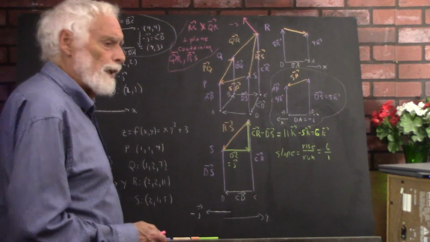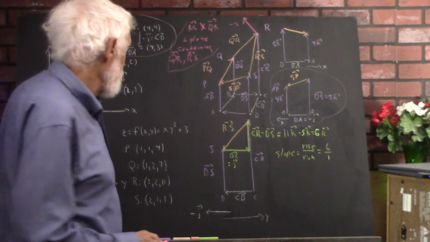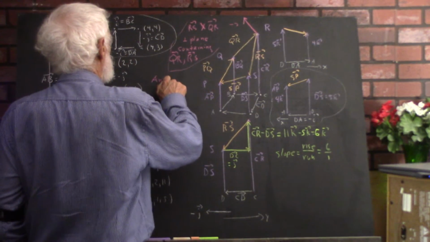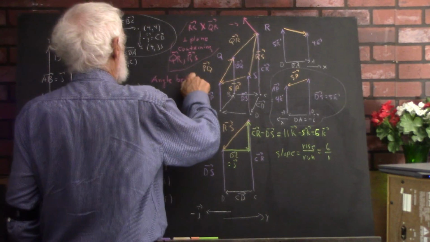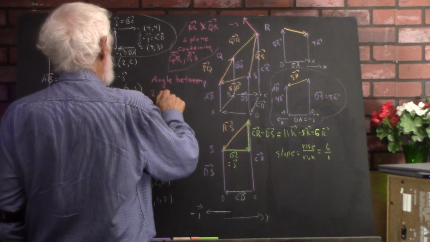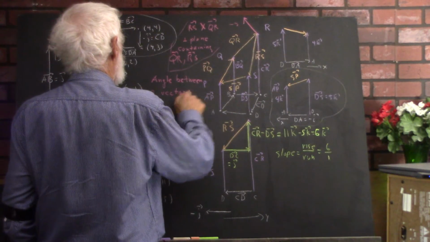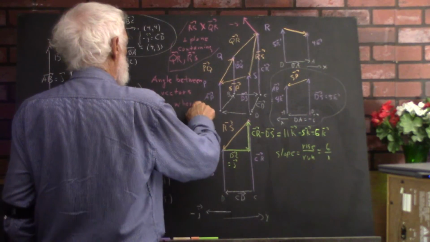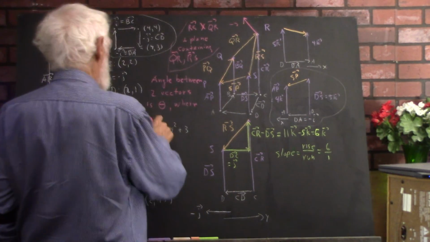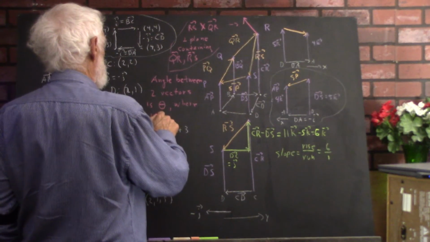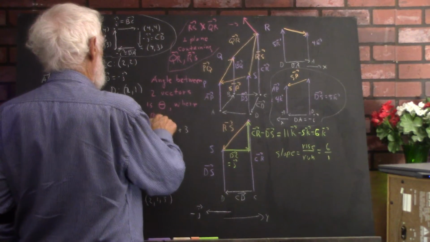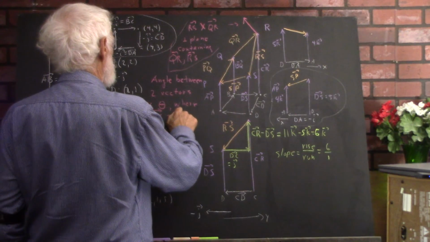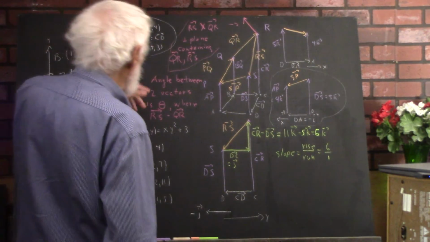Another thing we can do is calculate the angle between two vectors. Okay, so the angle between two vectors is theta, where there's another product we can do with the vectors. Where it's kind of like this.